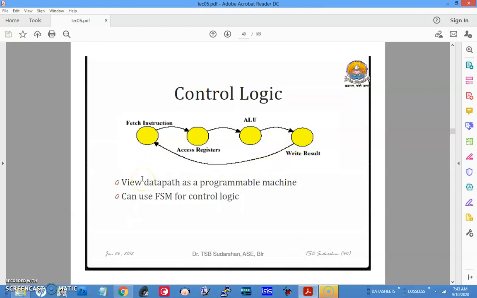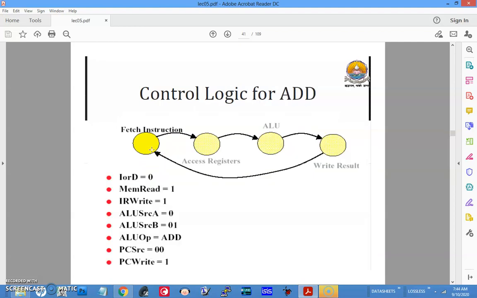So this is a state machine view, a finite state machine, just like in finite automata, you have finite state machines, each state and then transition from one state to the other. So every state is doing a particular action in a given clock cycle. So they will require all the control lines properly defined for their action.